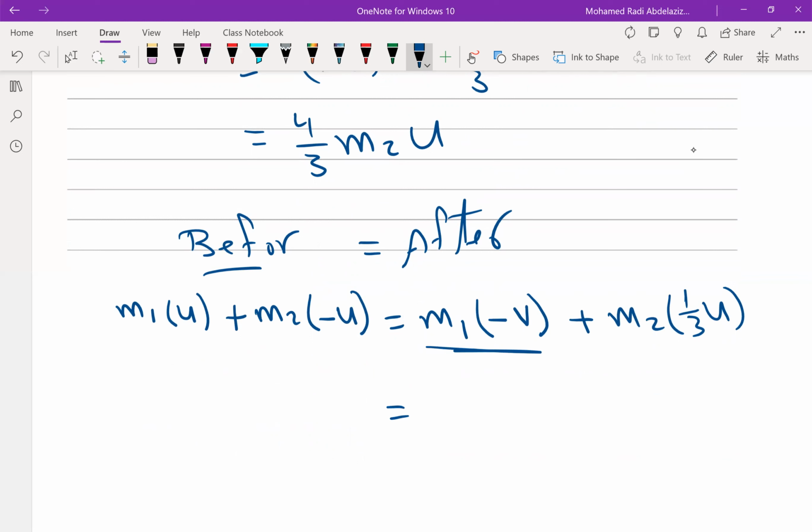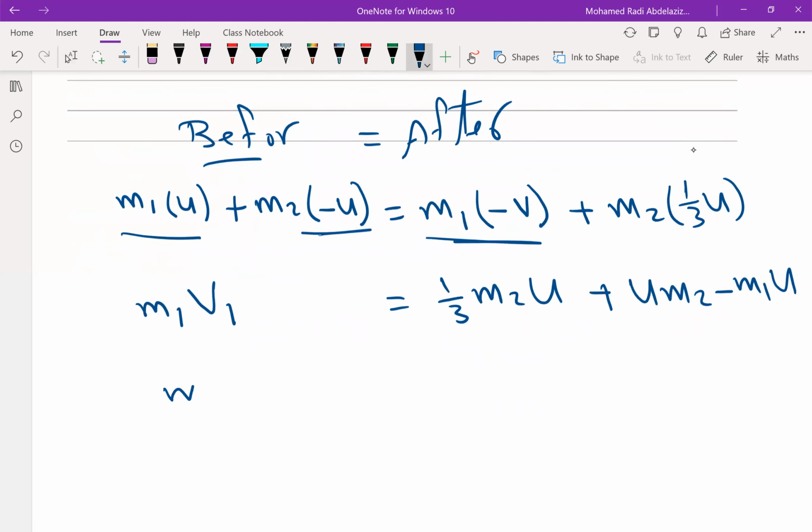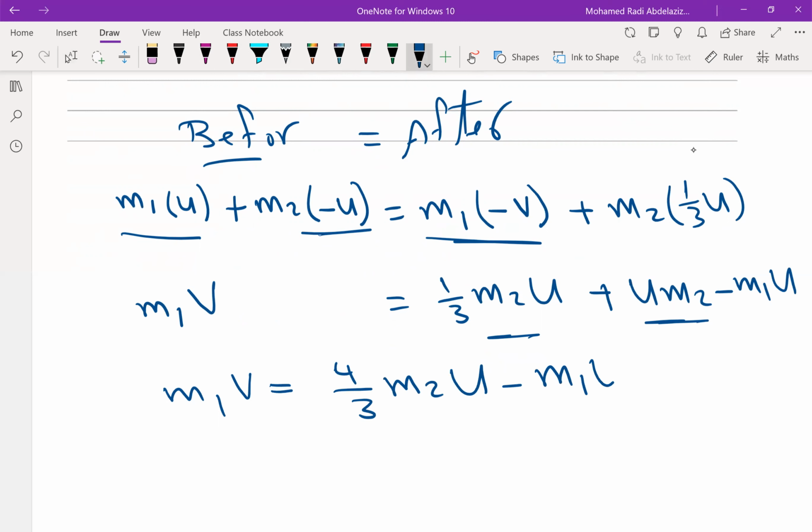Negative V M1, move to the other side to be M1 V is equal to u/3 M2, move to the other side, minus becomes plus, u M2 minus M1 u. Simplify. M1 V is equal to, we have here two terms, we can combine to be 4/3 M2 u minus M1 u.